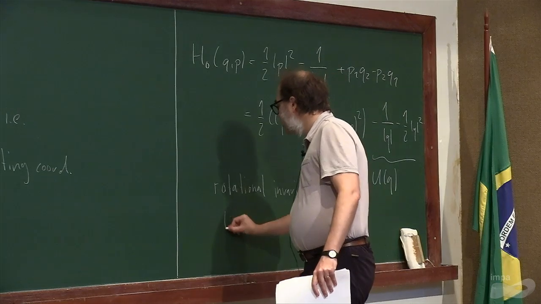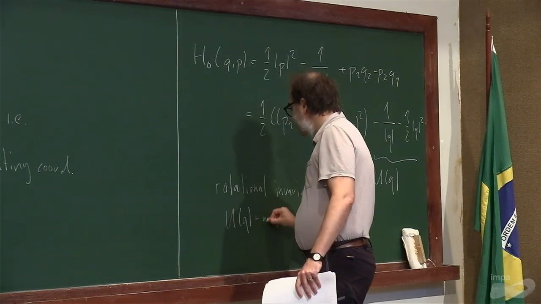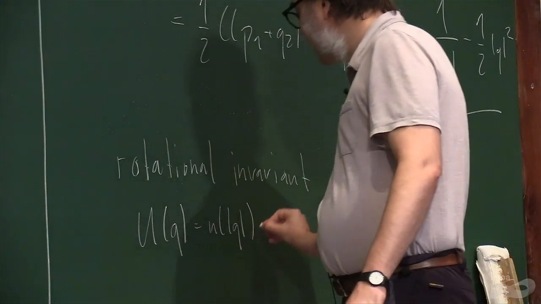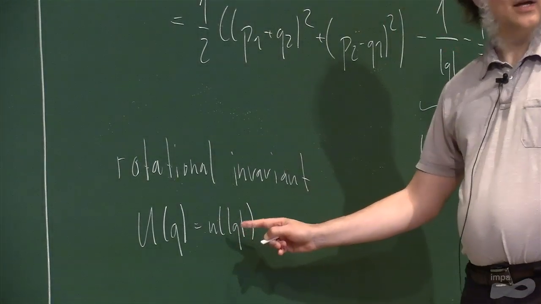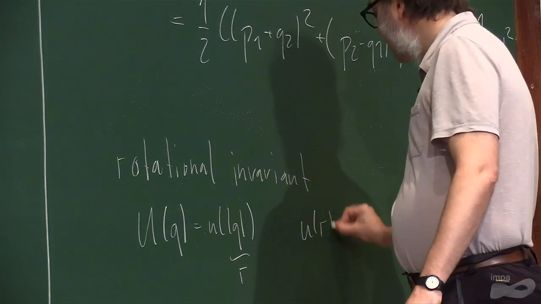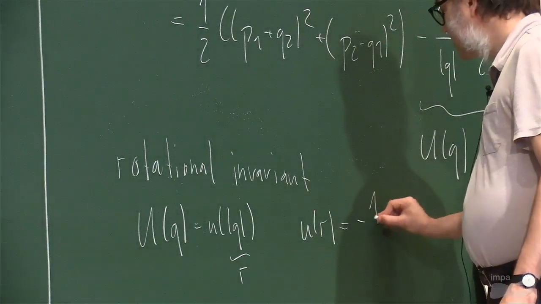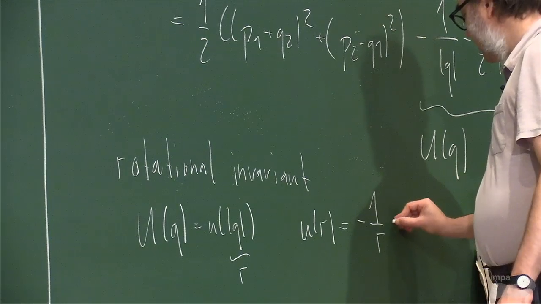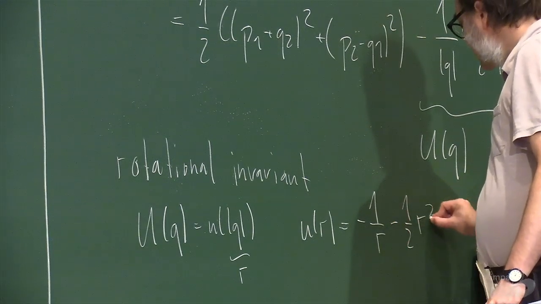And U(q) just depends actually on the absolute value of q. So let's call this r, where U(r) is minus 1 over r minus 1/2 r^2.